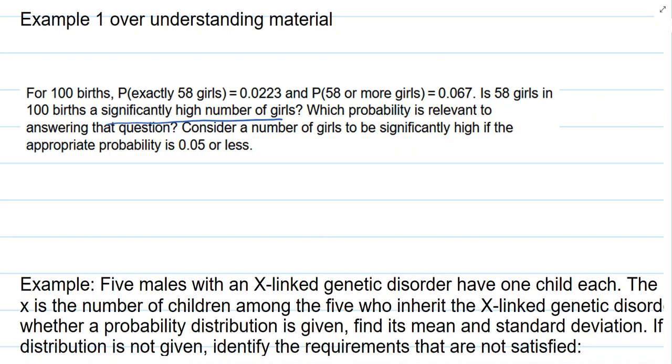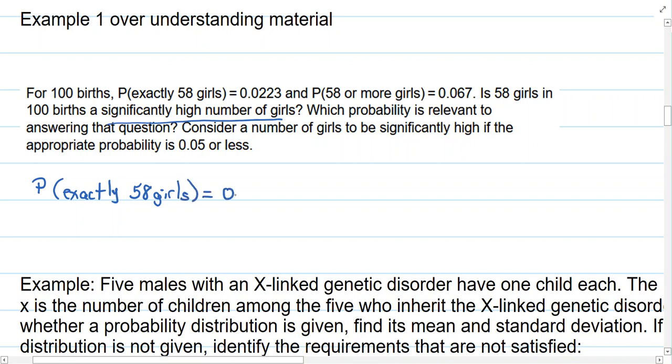As we outlined, we know the probability of exactly 58 girls born is that value. The probability of 58 or more girls born is small.